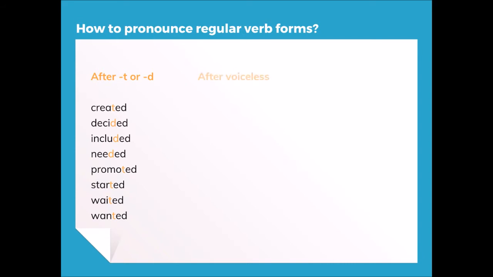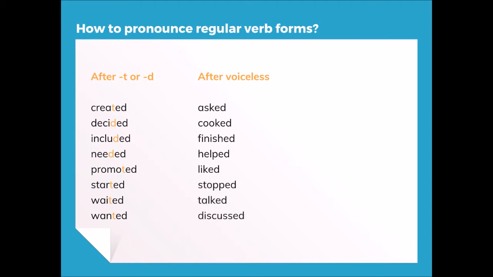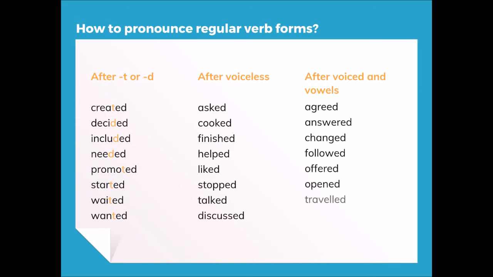The second group, after the voiceless: asked, cooked, finished, helped, liked, stopped, talked, discussed. And the next, after the voiced and vowels: agreed, answered, changed, followed, offered, opened, traveled, watched.